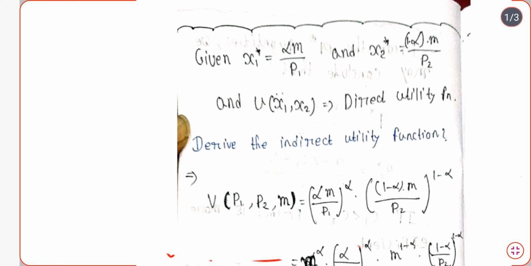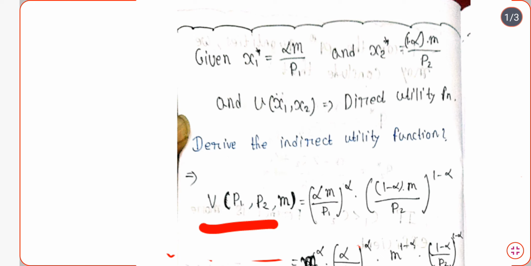Derive the indirect utility function. For deriving the indirect utility function, we have to write v of p1, p2 and m, because, as I have said, indirect utility function is a function of price of the commodities and income.